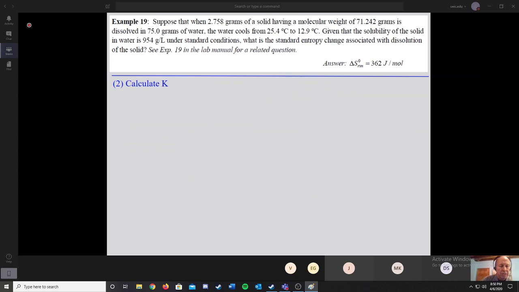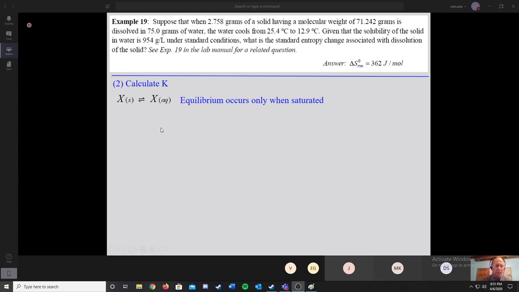Okay, another page here, second step, calculate K. So here's the reaction. We have some unknown solid, we'll call it X, in equilibrium with its aqueous form. And we know that equilibrium can only occur when it's saturated, right?